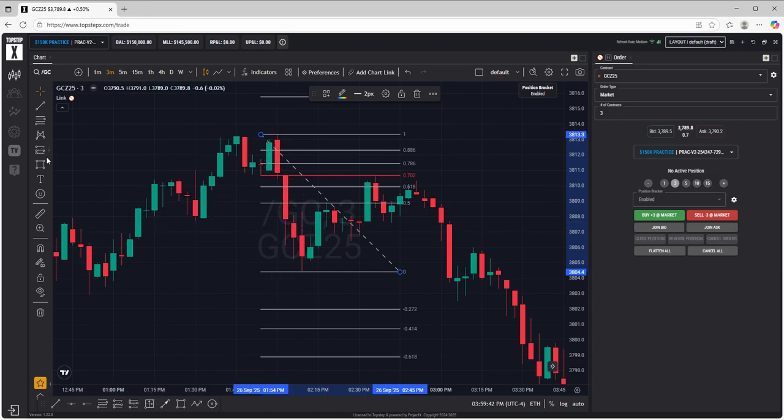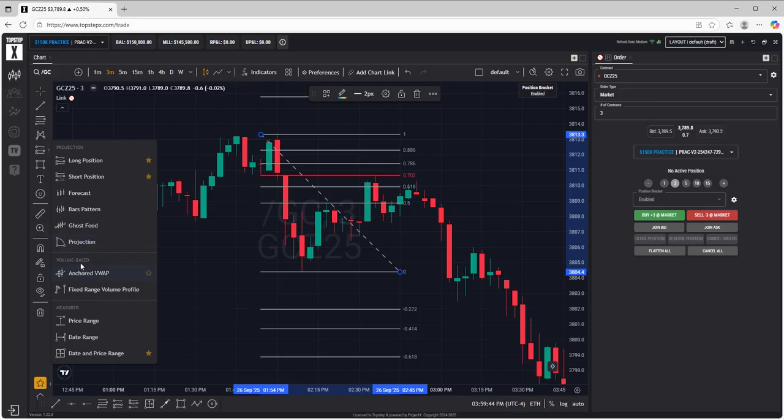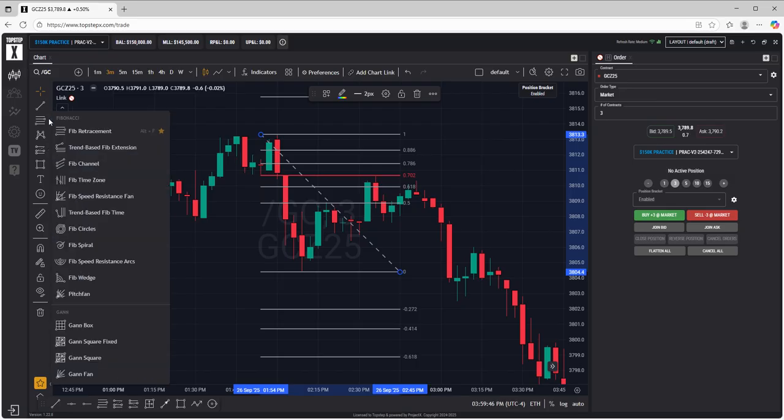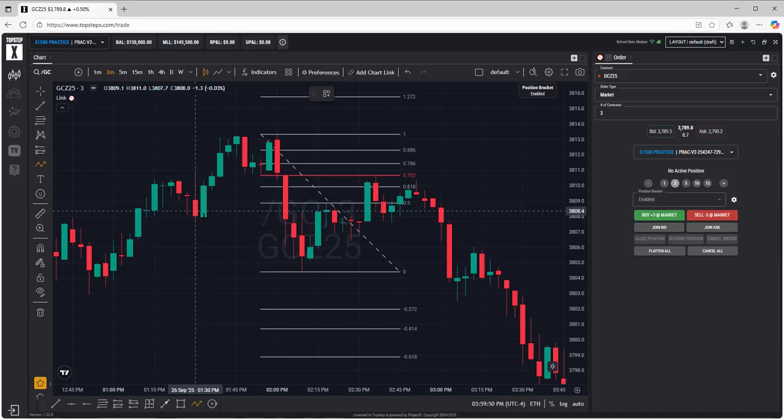We had a break of structure down here. Lower low, lower high, lower low, lower high. Break of structure. Y'all see that?